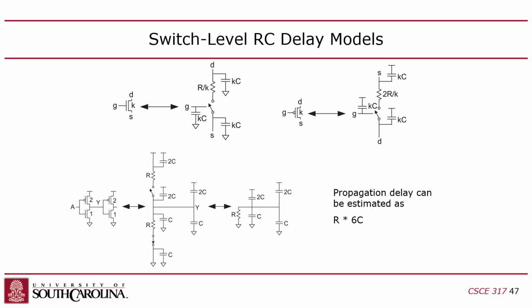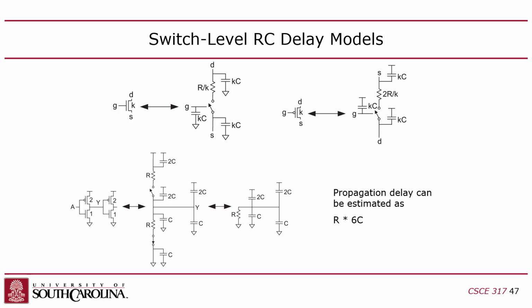You guys with me? Okay? So what does this all mean? It means that the propagation delay of this first gate driving this second gate, with K sizes listed here, 1 and 2, is going to be R times 6C, right? Because the delay is literally resistance times capacitance, right?